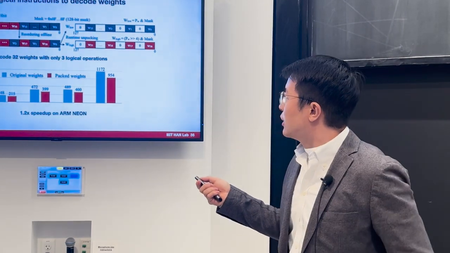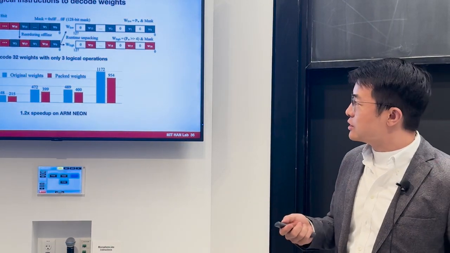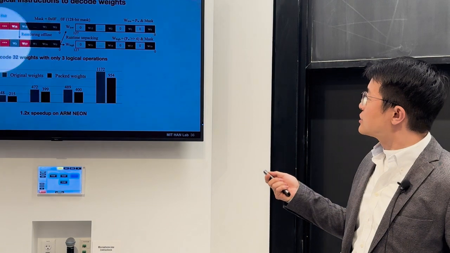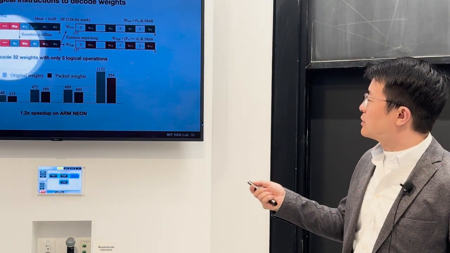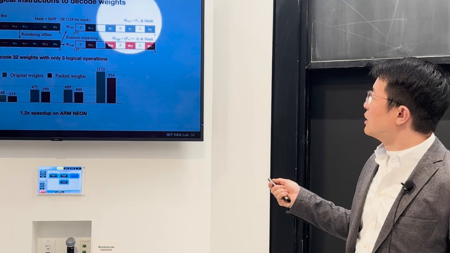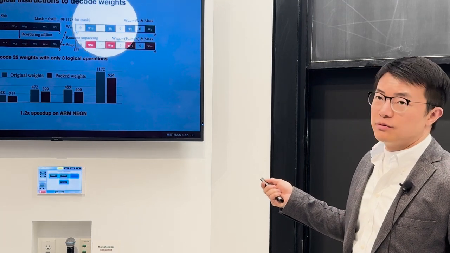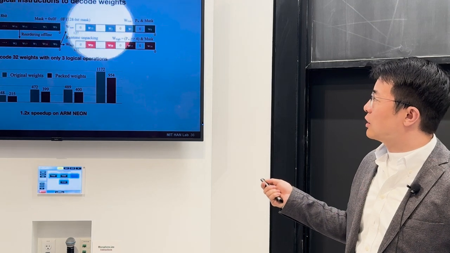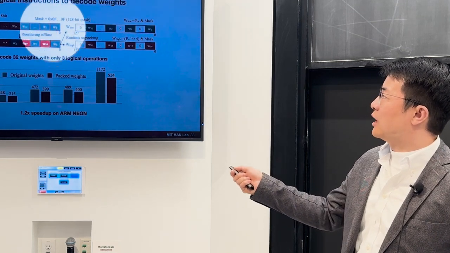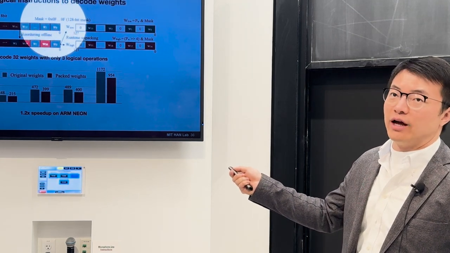So we can perform 2 low-level operations to decode it. First, we can mask this vector so that the highest bits are 0 and the lowest bits are kept. Then we can decode the lower bits. The mask would be 0x0F, 0x0F, 0x0F, 0x0F.